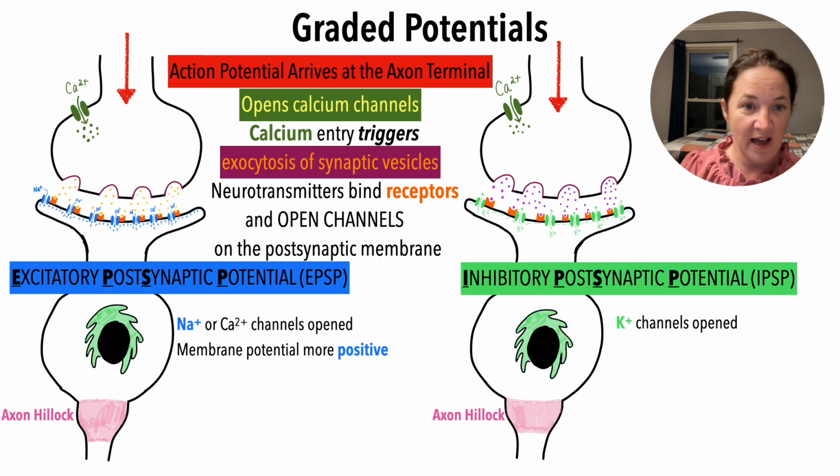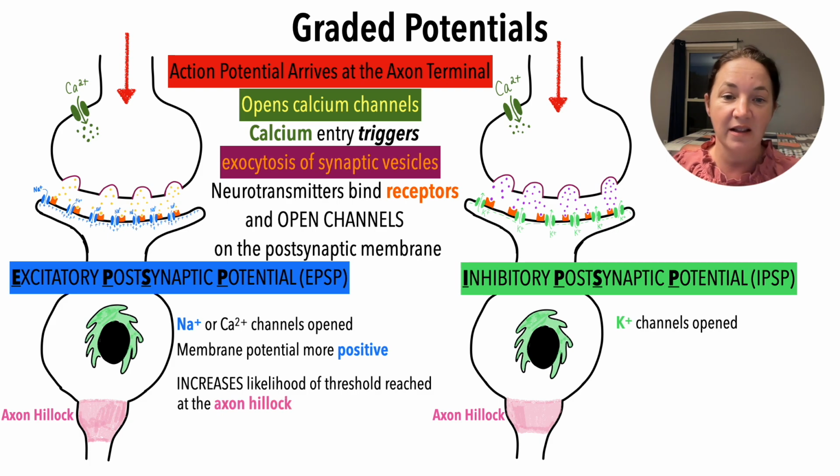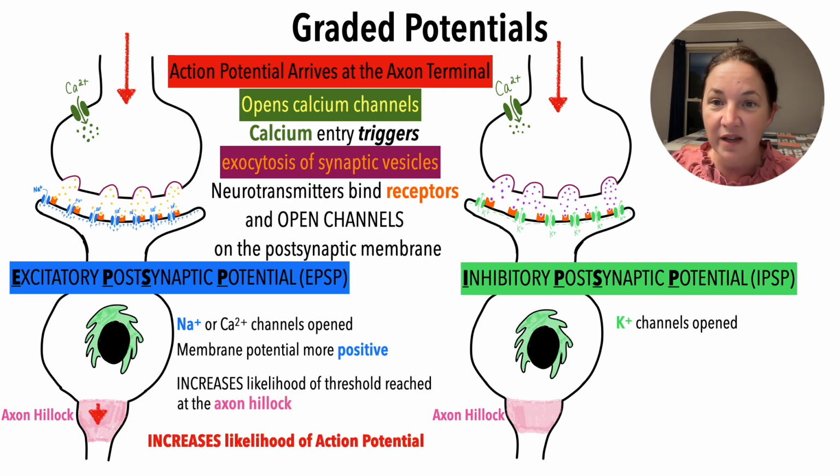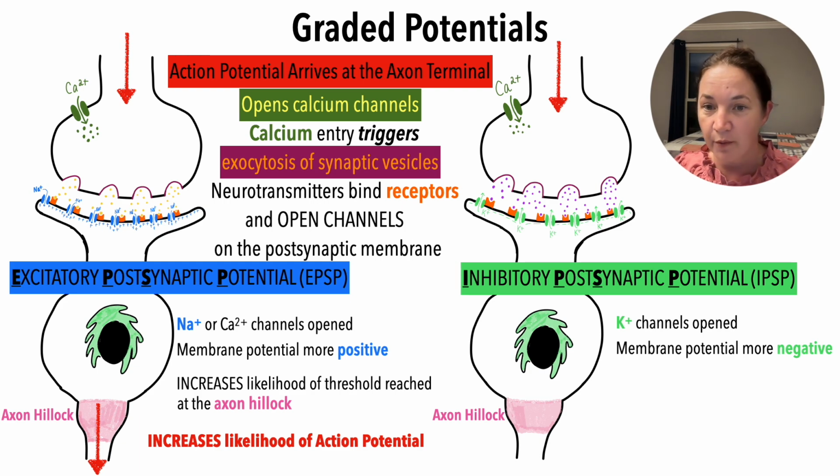So again, looking at our positive, our excitatory one, the membrane potential becomes more positive, and it increases the likelihood of threshold being reached at the axon hillock, and therefore increases the likelihood of an action potential being fired. Whereas if the potassium channels open with an IPSP, the membrane potential becomes more negative.